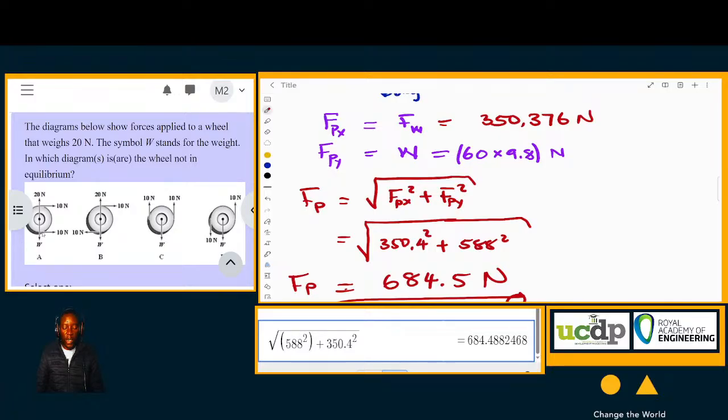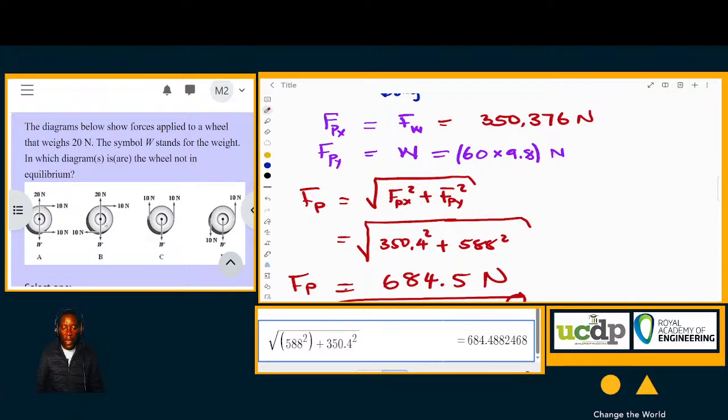But if we look at the moments, 10 newtons acting a distance equivalent to the radius away from the pivot, and another 10 from the top at an equivalent distance in the opposite direction, they counterbalance. So rotationally it is in equilibrium. The only problem is the horizontal equilibrium is not met. So A is not in equilibrium.